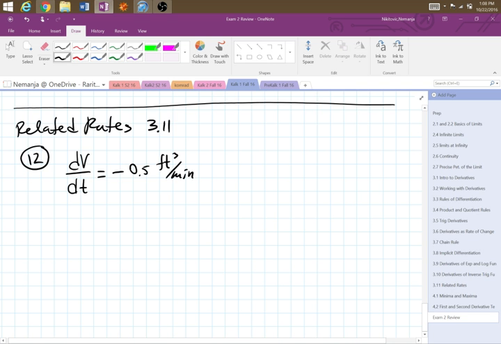What is the rate of change of the side? Let's label a side as a. They want to know that when the sides are 12 feet long. That's a big ice cube.